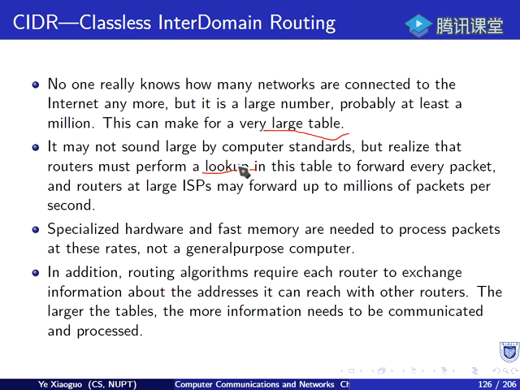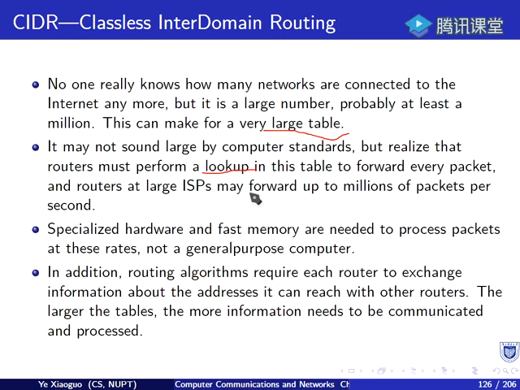So routers should forward the packets rapidly. But if the routing table is very, very large, the lookup efficiency is very low. So routers cannot forward the packets rapidly. That degrades the performance of the whole network.